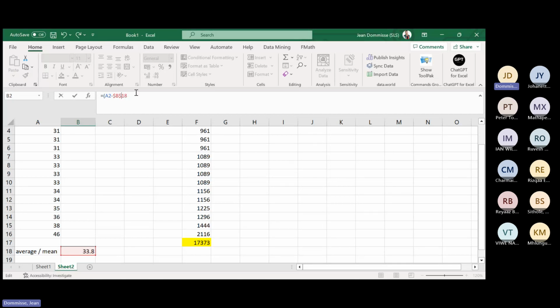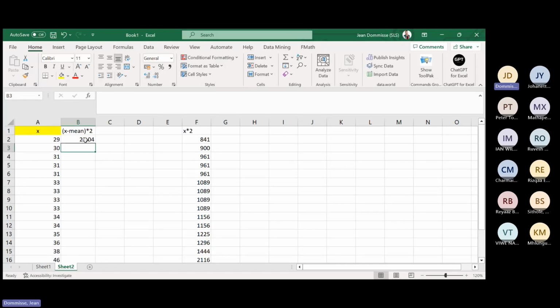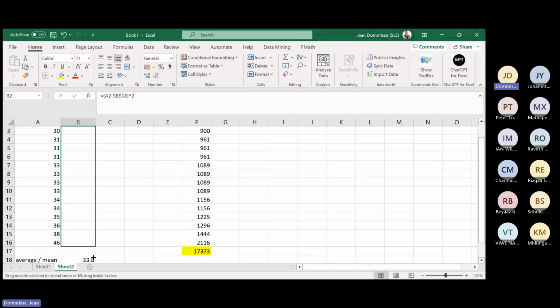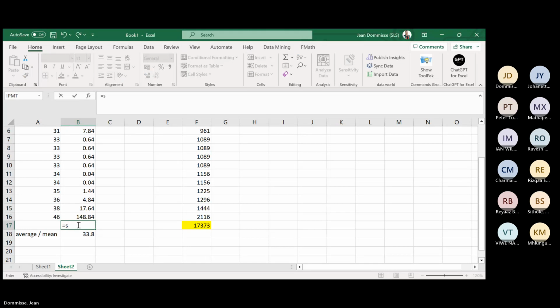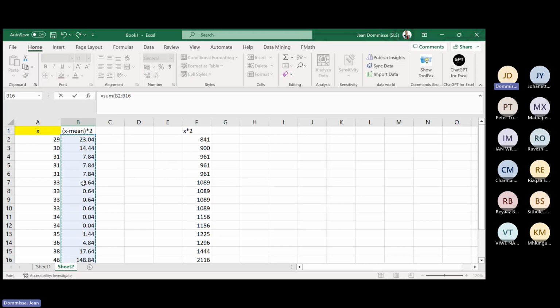Okay, so that was my X minus the mean. Remember, I needed to multiply that again by X minus mean, or we can say in Excel, there's a nice function: to the power of 2. So that was the X minus the mean to the power of 2 for the first one. If we do it for all of them and we sum that, we will hopefully get one of our answers.